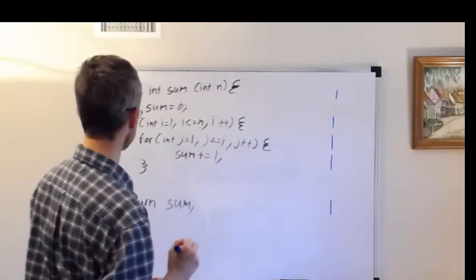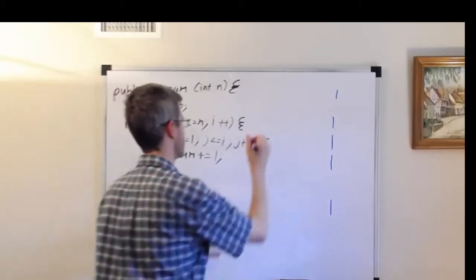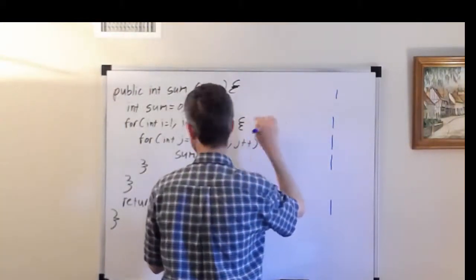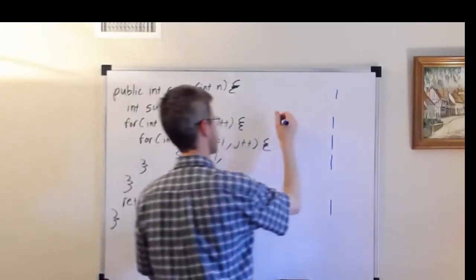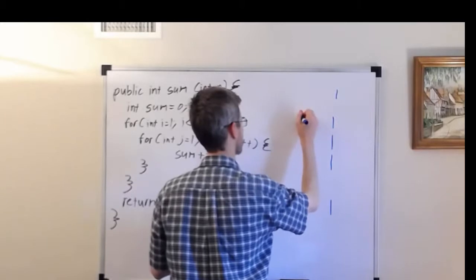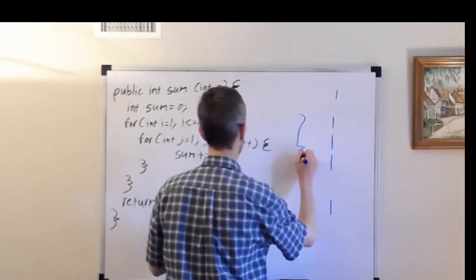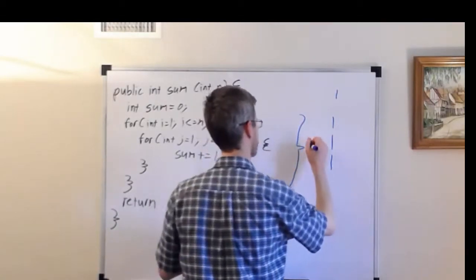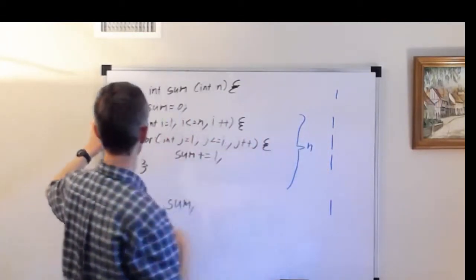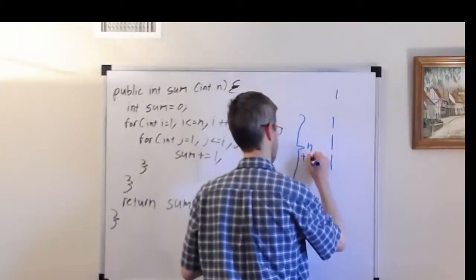So if we draw out the loops, which makes it a lot easier to think about this, we can see that everything inside these braces executes n times. So I'm going to draw that like this to show everything from this line through this line executes n different times.